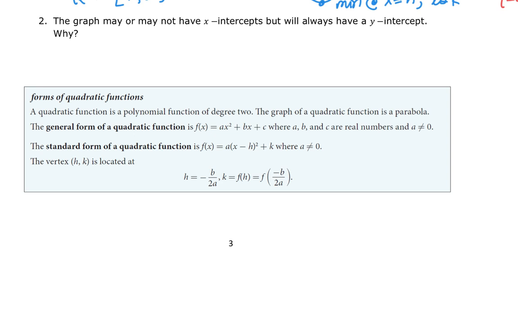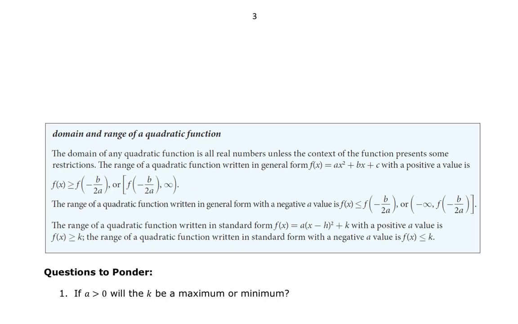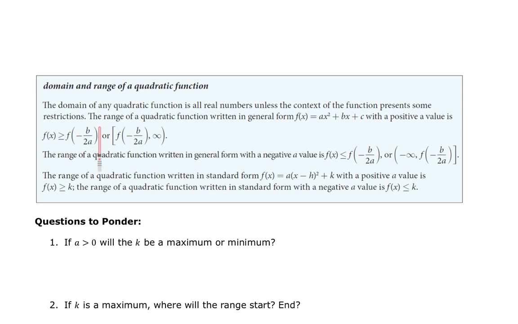So we have the general form, which is the general form of polynomials, and then we have the standard form. The standard form is also sometimes known as the vertex form, because it tells you the vertex immediately. And this we answered in the questions to ponder earlier. So they noted it as f of -b over 2a.